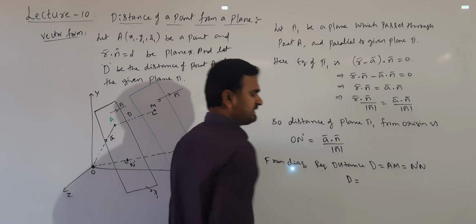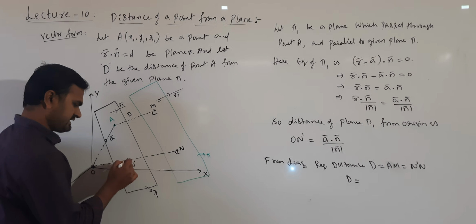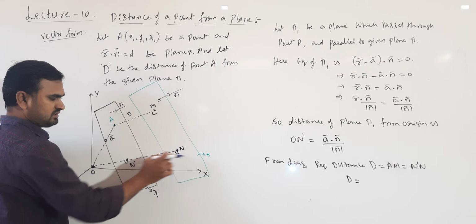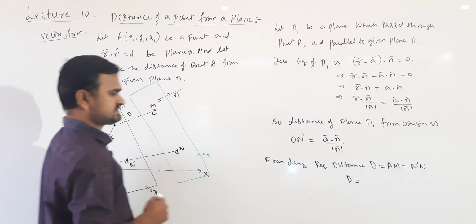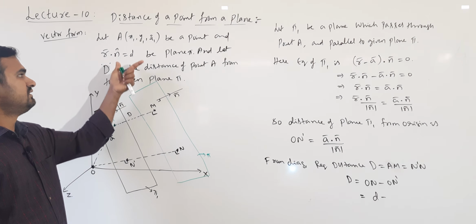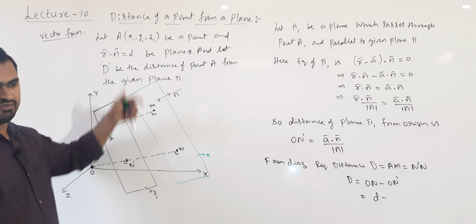So how can I write n dash n distance? N dash n distance is nothing but on minus yn dash. On distance is d. That is the distance of given plane from origin, because we are taking it in a normal form.